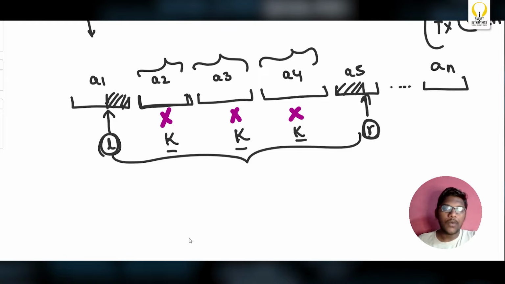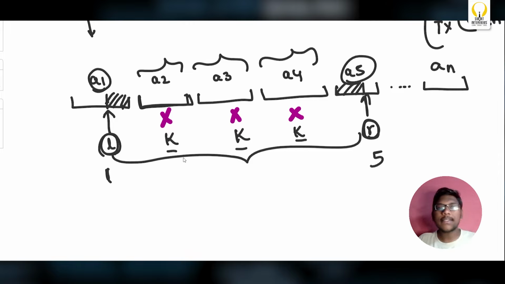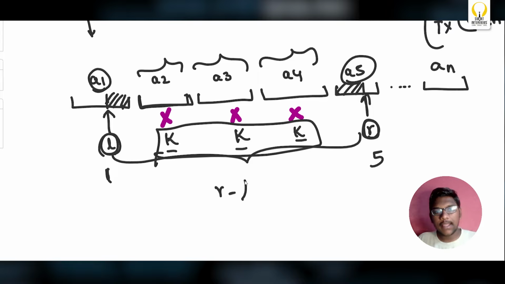Now, if I can somehow say that it is pointing to the fifth array, and this is pointing to the first array, what is the sum for this part? Sum for this part will be simply r minus l minus 1. Do you agree?